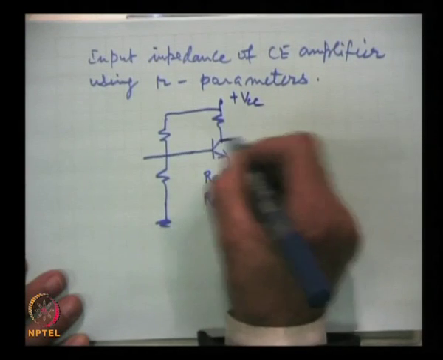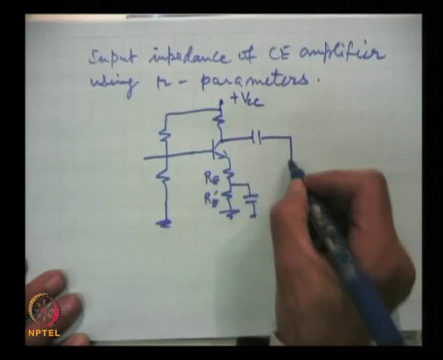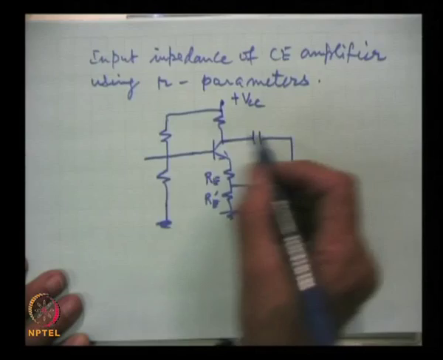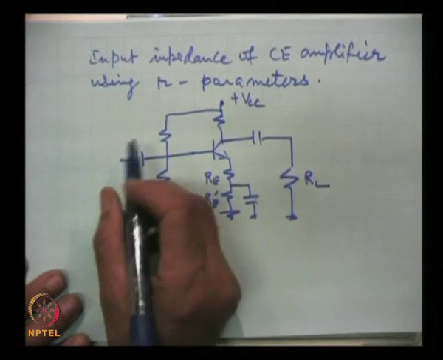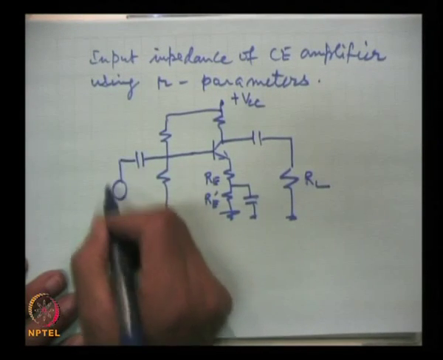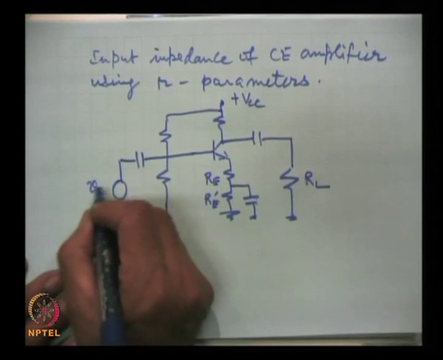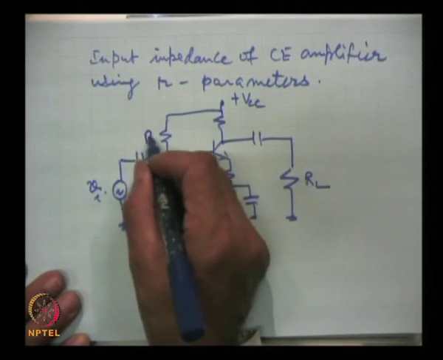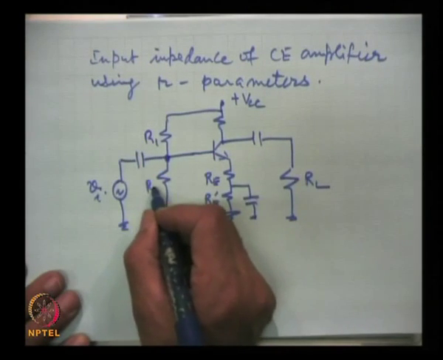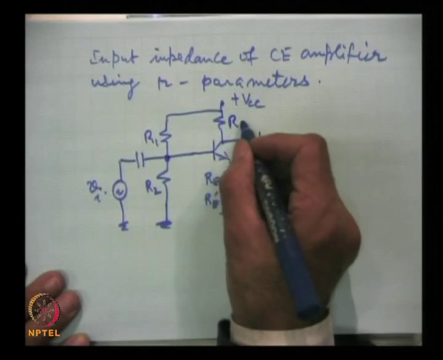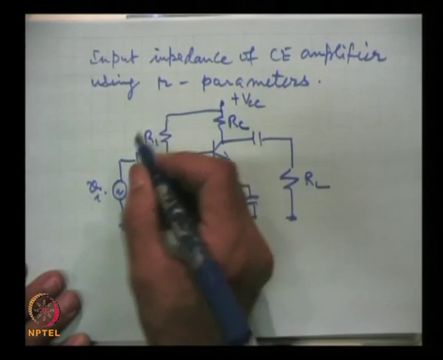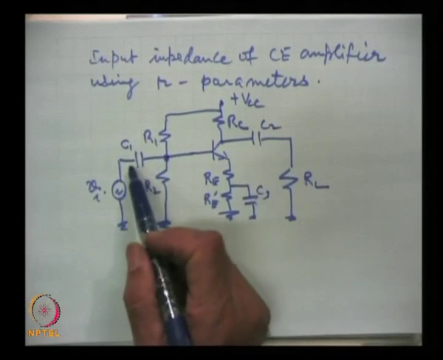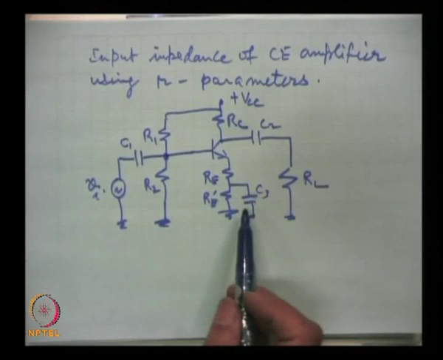Plus VCC, this is the coupling capacitor, this is the load across which we will measure the output voltage, and here this is the input signal, and this is resistance R1, this is R2, this is RC, and so on, and these capacitors are coupling capacitors and this is called bypass.